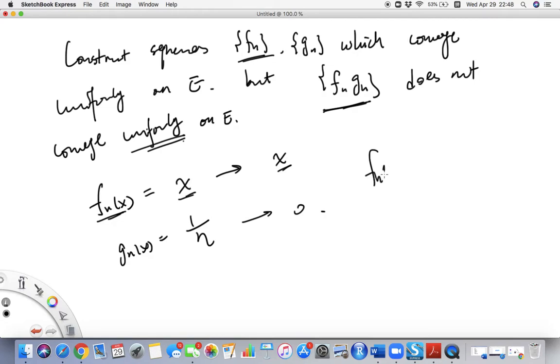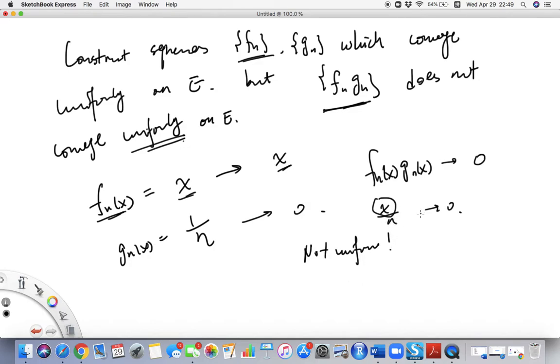Okay, but fn of x times gn of x, does that converge uniformly? Well, first of all, it converges to the 0 function, because it doesn't matter what your x is. If you let n go to infinity, for any fixed x, that goes to 0. But is the convergence uniform? No, it's not uniform. Why? Because it doesn't matter what your n is, you can take your x to be greater than n.